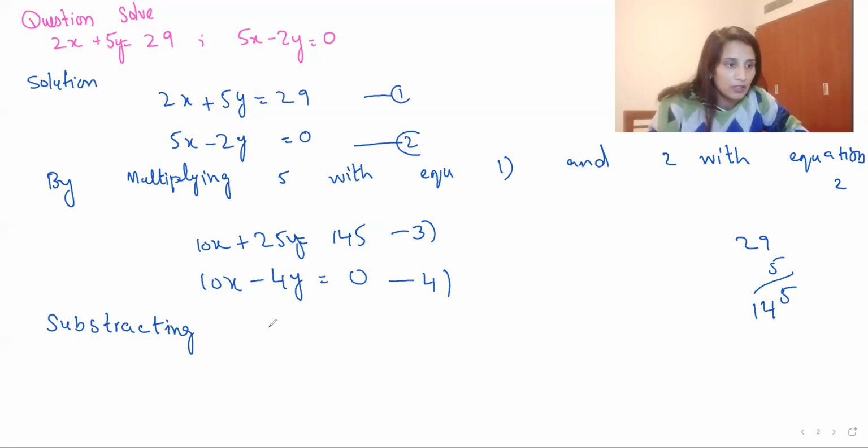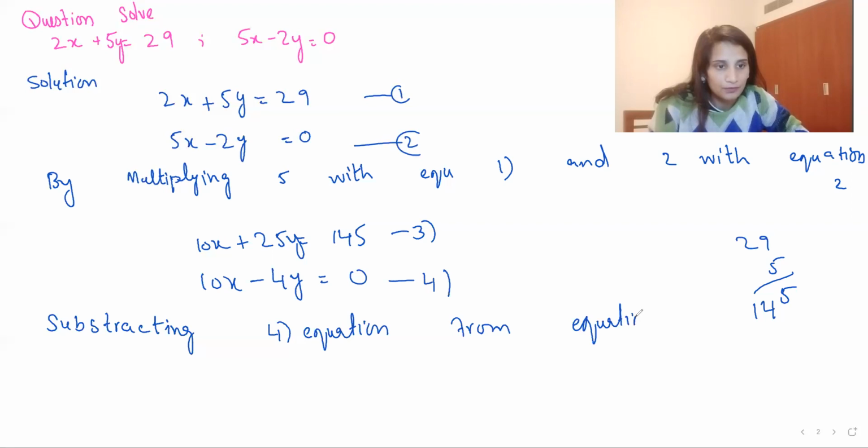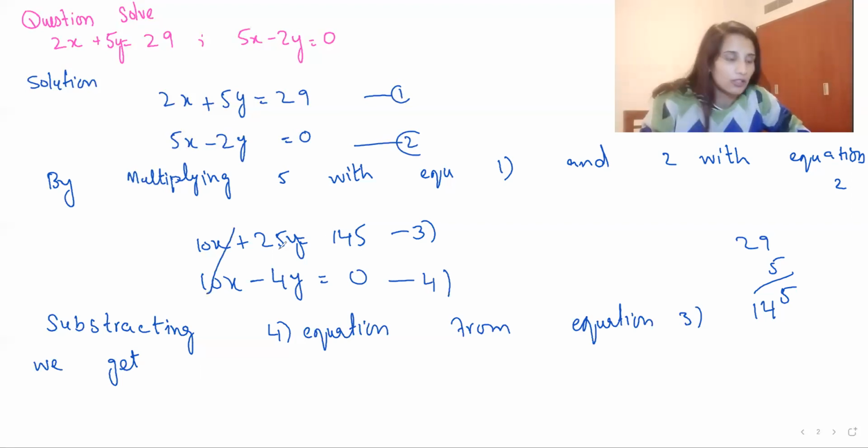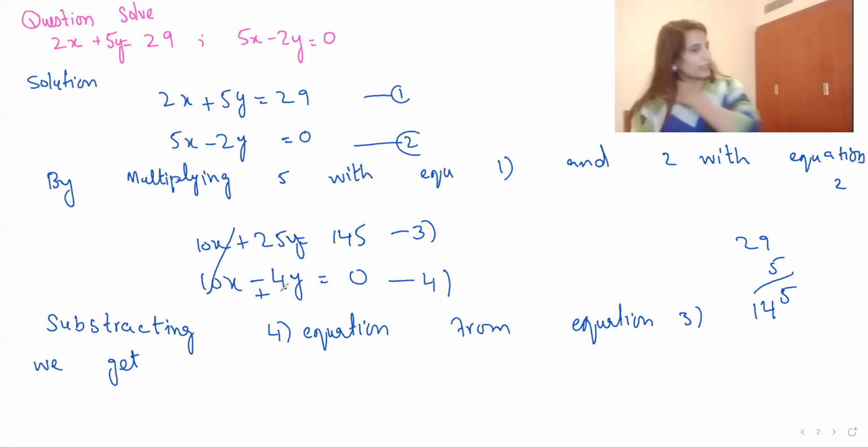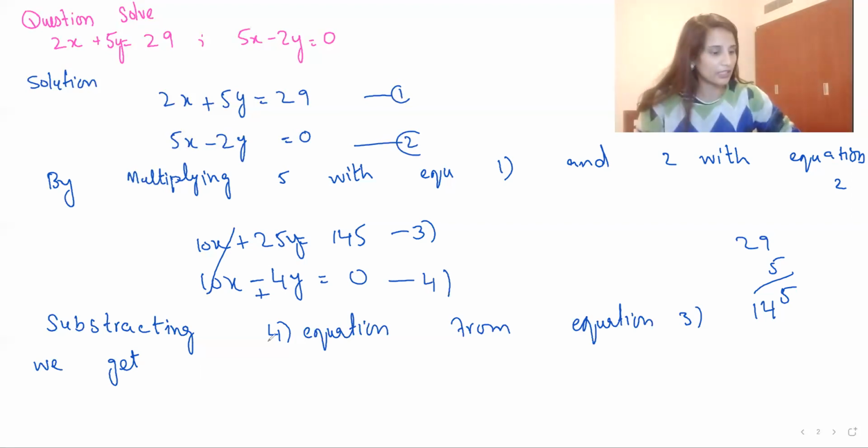Subtracting equation 4 from equation 3, we get, so the x terms cancel out, and when we subtract, this becomes plus 4y, 25 plus 4 would be 29y.